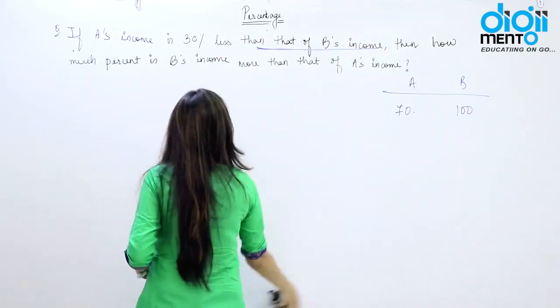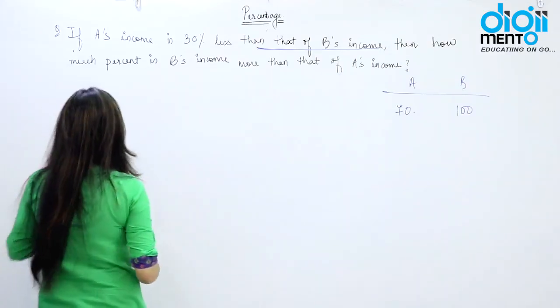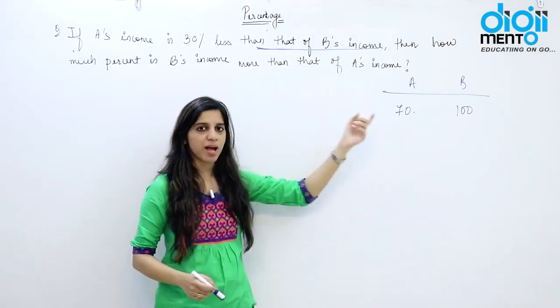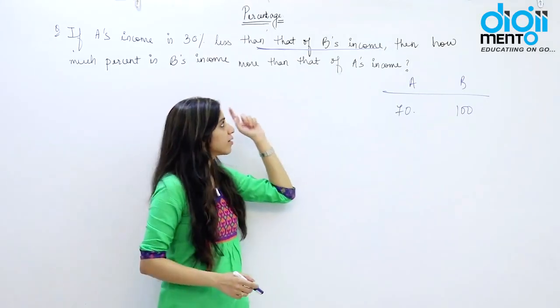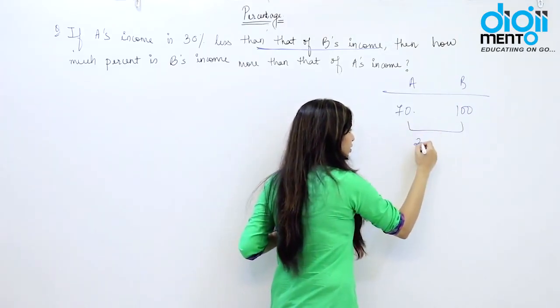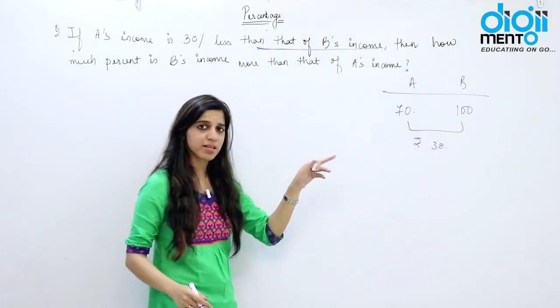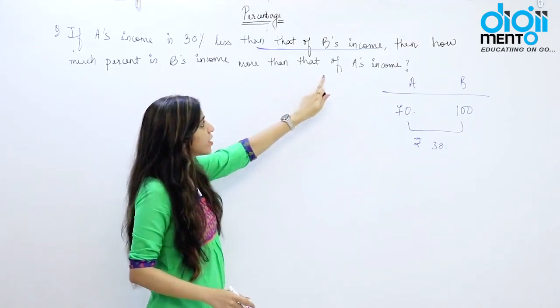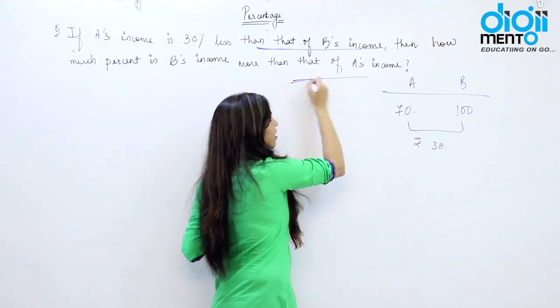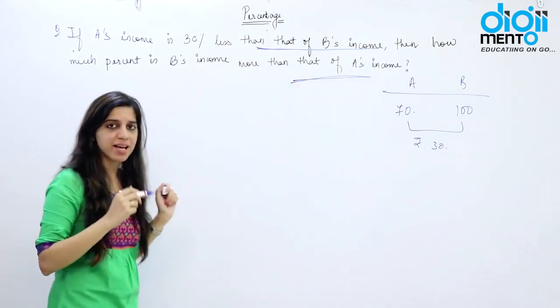Now you read the next line of the question. They are asking how much percent is B's income more than that of A's income. See, if I ask you in absolute terms, how much is it more? 30 rupees. They are having a gap of 30 rupees. So it is 30 rupees more, but with reference to what? More than that of A's income. See again, reference is A's income.